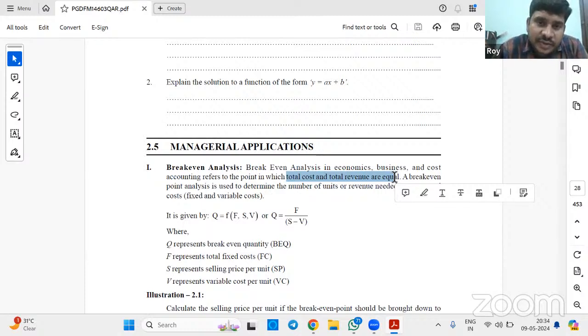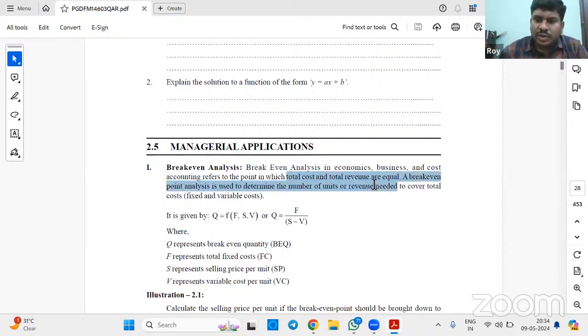If after selling 50 mobiles I get back the complete investment of the 100 mobiles, that point we call the break-even point. Simply, in technical words, total cost is equal to total revenue. When both are equal, we call it break-even.